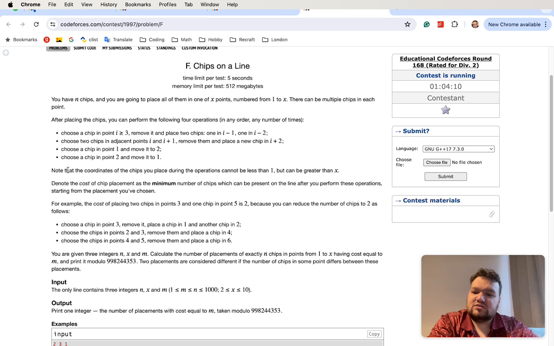Oh, that kind of looks like a Fibonacci system, right? The first and second Fibonacci numbers are both ones, so they're interchangeable, and Fibonacci is equal to the sum of the two previous.